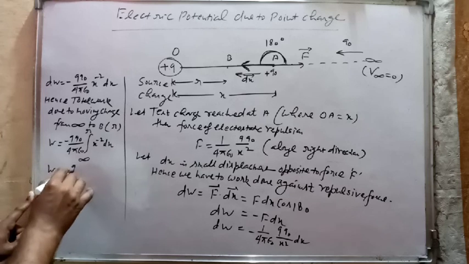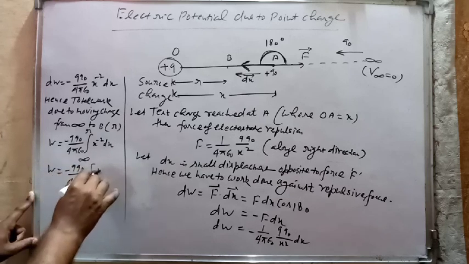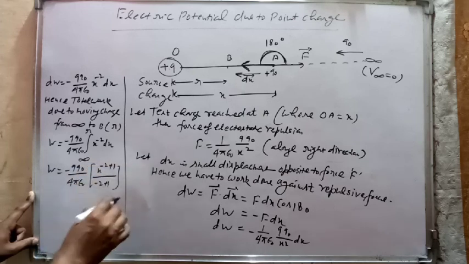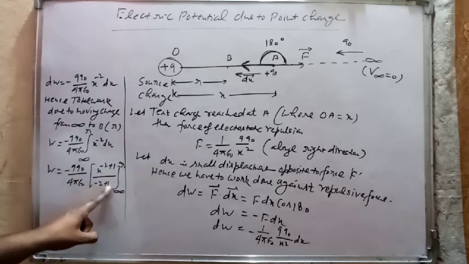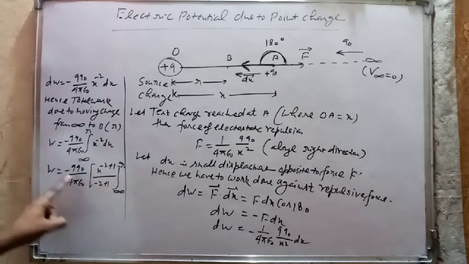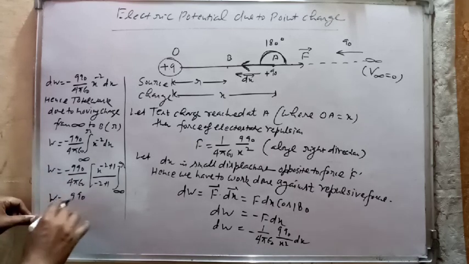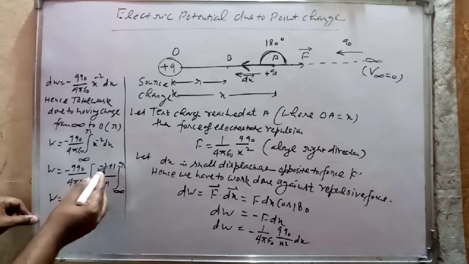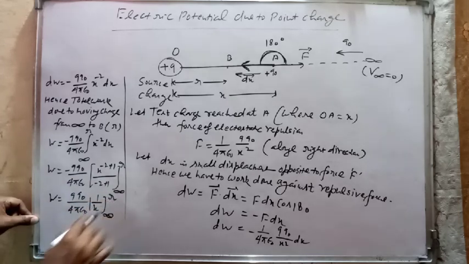Now W is minus Q Q naught over 4 pi epsilon naught times x to the power minus 2 plus 1 over minus 2 plus 1, with limits infinity to r. Minus 2 plus 1 gives minus 1, and minus and minus become plus. That means W is equal to Q Q naught divided by 4 pi epsilon naught, x to the power minus 1, that means 1 upon x, from infinity to r.